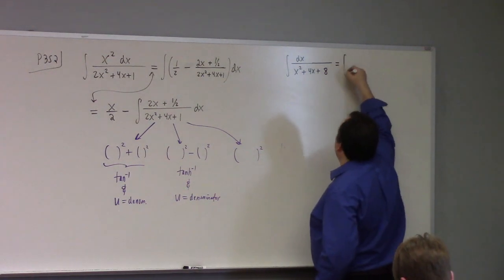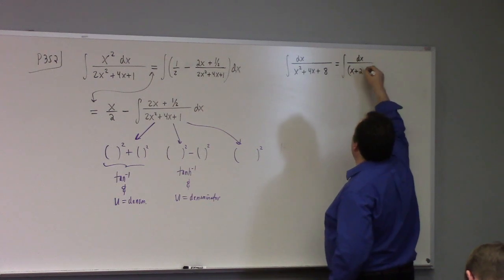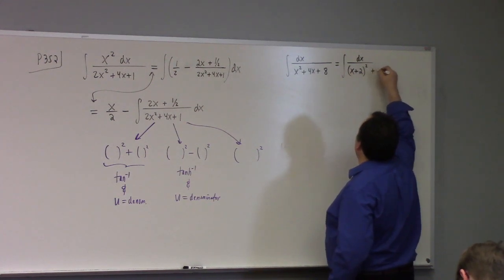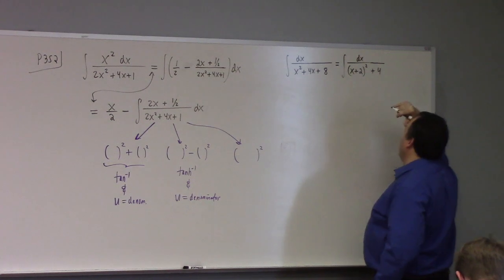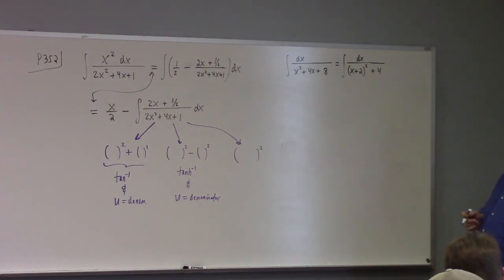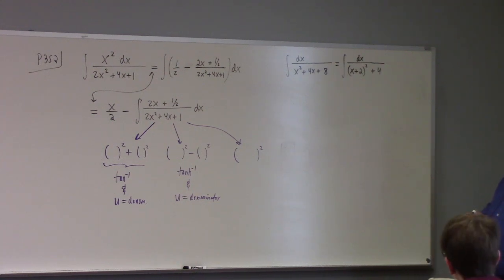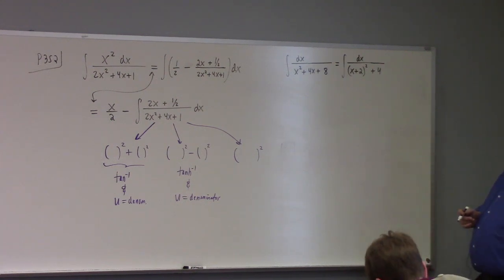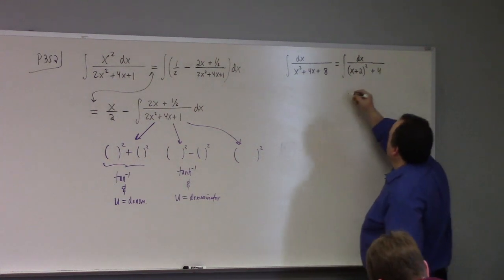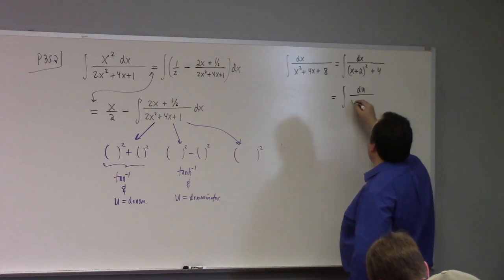So this is the integral of dx over x plus 2 squared plus 4. This one might have been too nice. Anyway, this is the integral of du over u squared plus 4.